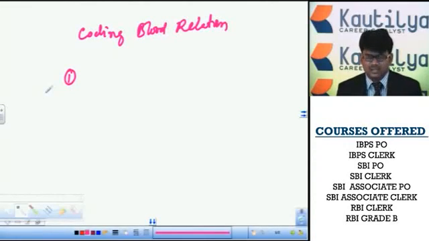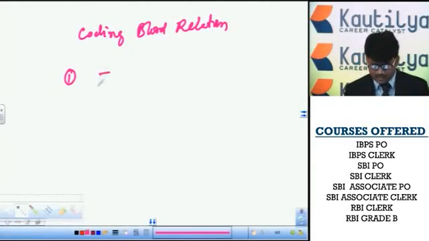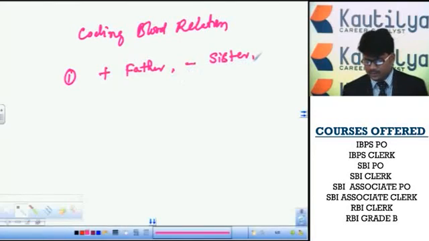The given question is here: plus symbol denotes father, minus symbol denotes sister, divided by symbol denotes daughter.